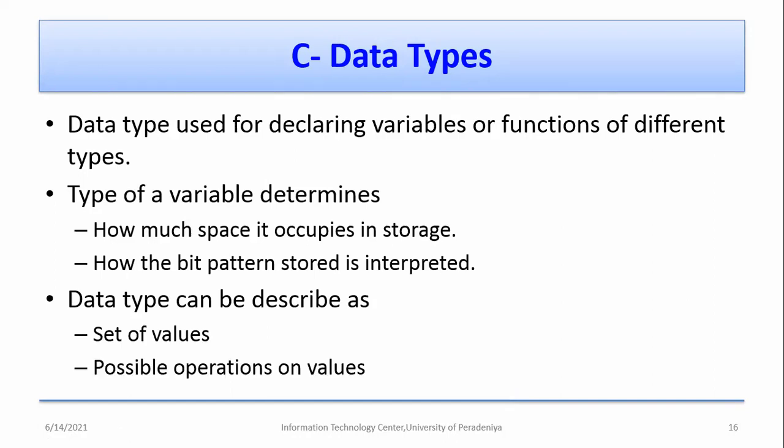For example, if you take integers, there is a set of values for integers, and then there is a set of operations: we can add, divide, multiply. Those are the operations on integers. If you take characters, the set of values means lowercase letters and uppercase letters. What are the possible operations?